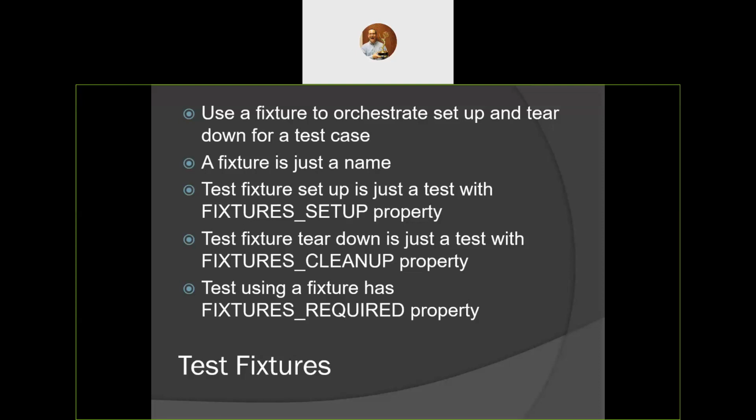If the setup fails, any tests that require the fixture will not be run because the setup could not guarantee the initial conditions. And then the fixtures cleanup property is what you attach to a command to do any teardown or cleanup. Usually it's the reverse of the setup operation that you've done.